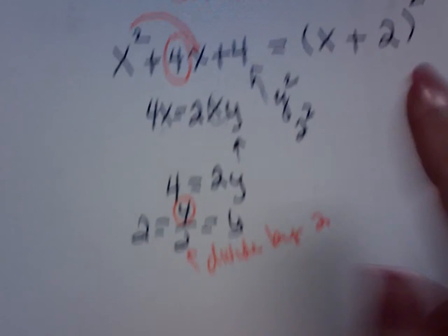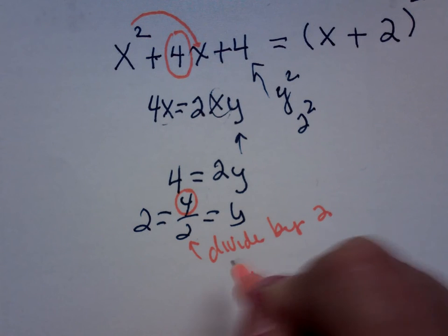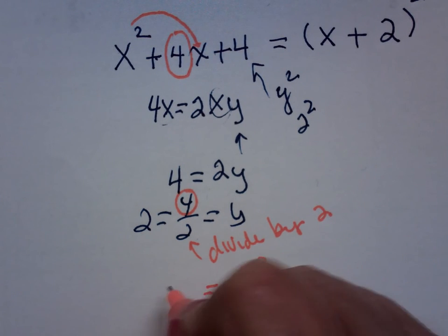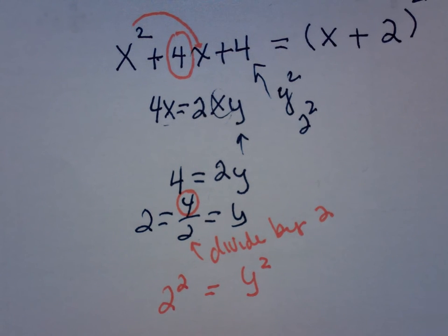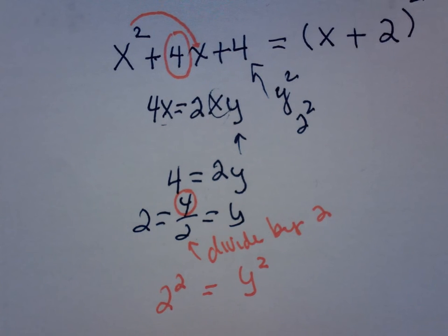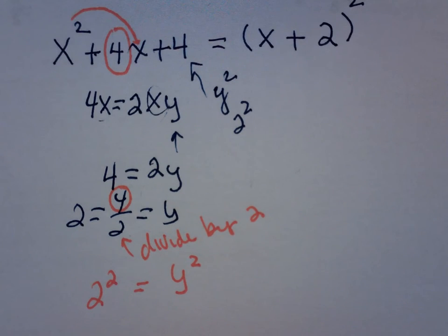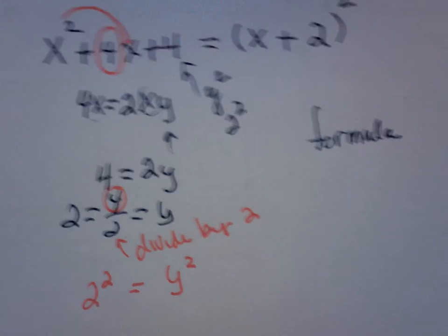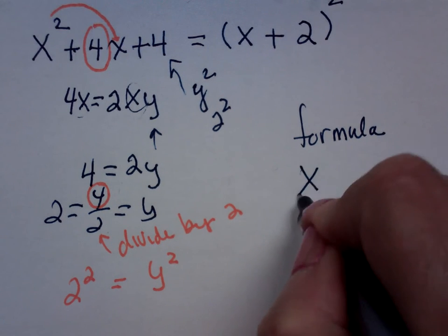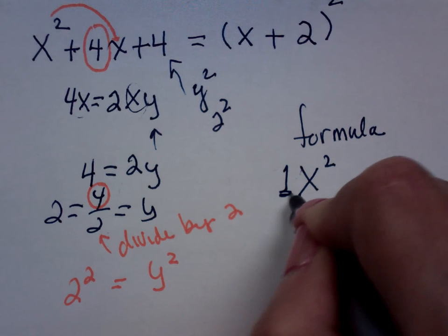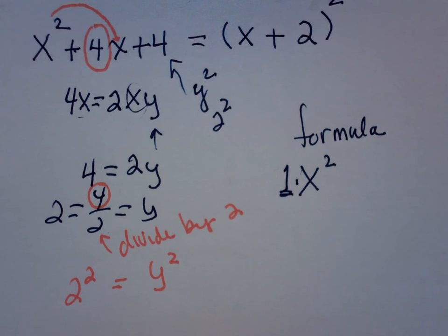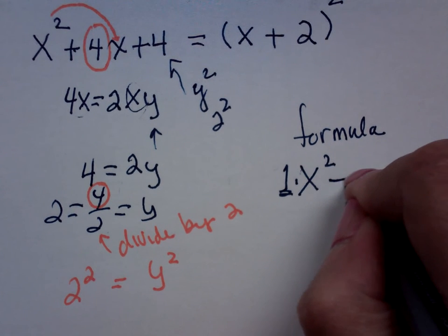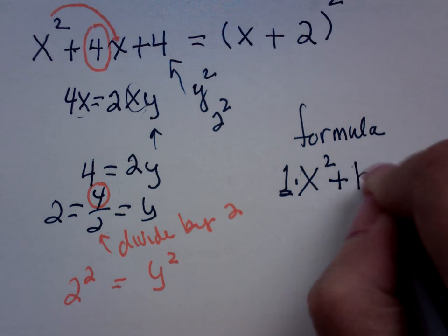And if I want y squared, I just square both sides. So there is a formula, and this is how it works. If I have, and the coefficient of x squared, by the way, has to be 1, otherwise this doesn't work, and I'm looking at plus bx.